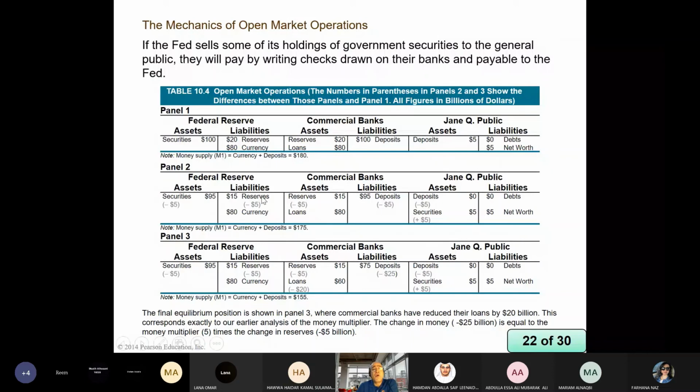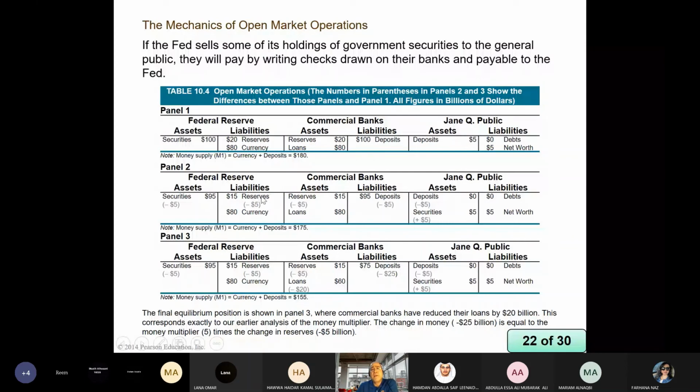So reserves of commercial banks will decrease by 5. Currency in circulation is the same. Where did we get the 5? Actually from Farhane. Farhane deposits her money in the commercial bank, so the money transfers from Farhane through the commercial bank to the central bank. So reserves of the commercial bank decreased by 5.